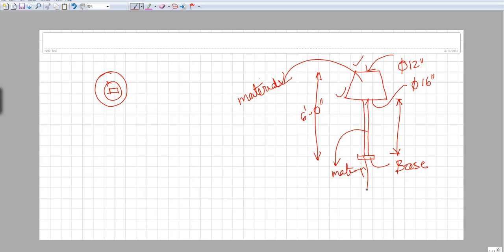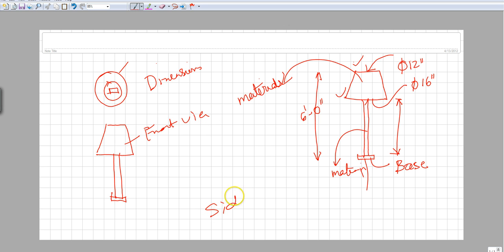Now what you see over here is the front view, which corresponds to the top view. If you would see in the right place, that's the base. Okay, and now I will give all the dimensions for the top view, for the front view, and then I will even have a side view.